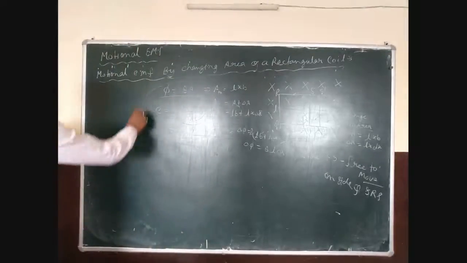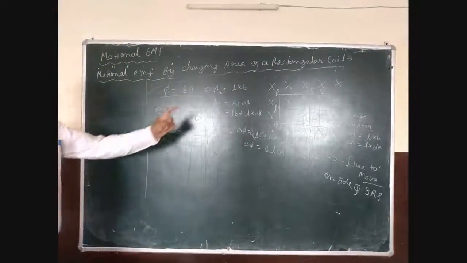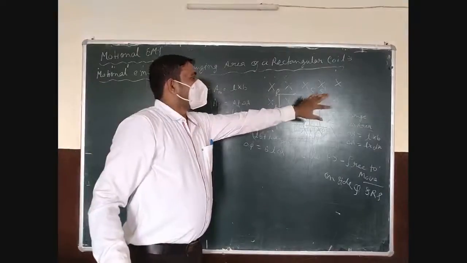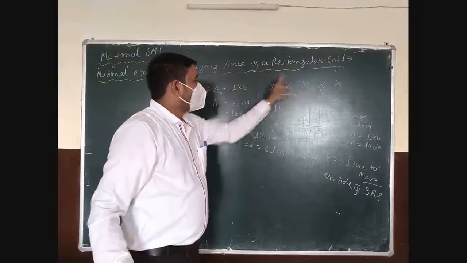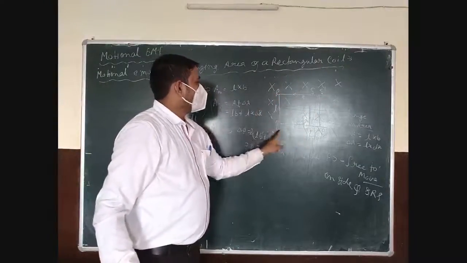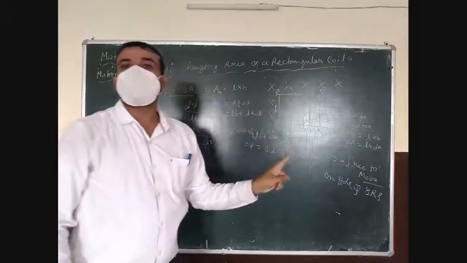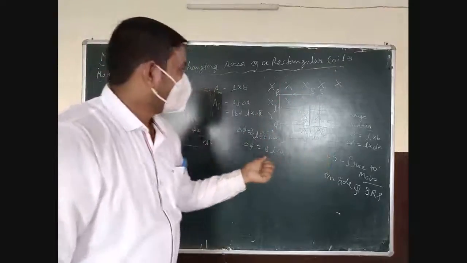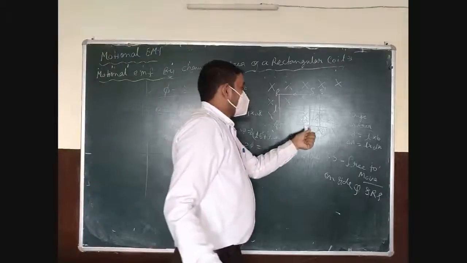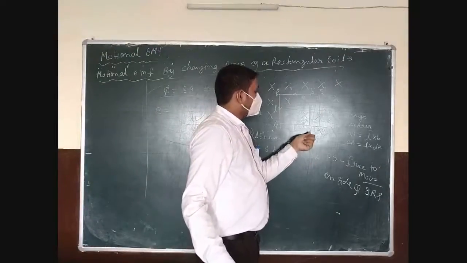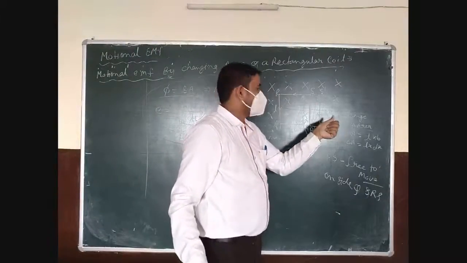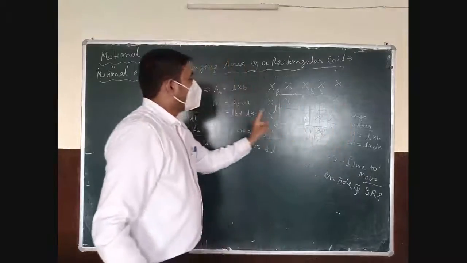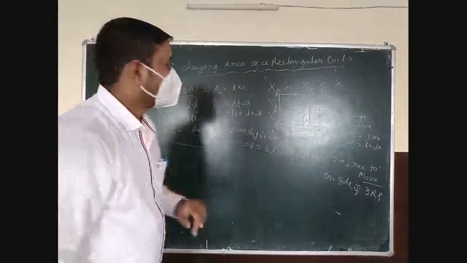Now consider a metallic rectangular coil PQRS kept in a magnetic field directed inward. Let the side of the rectangle PS move with the velocity V outward, or towards right, from the coil.